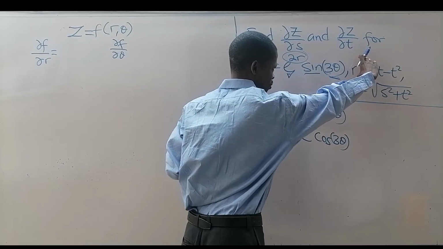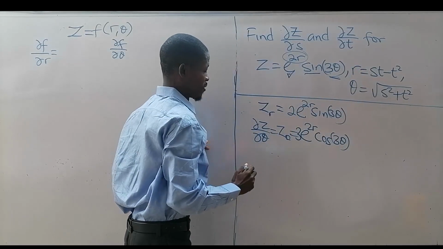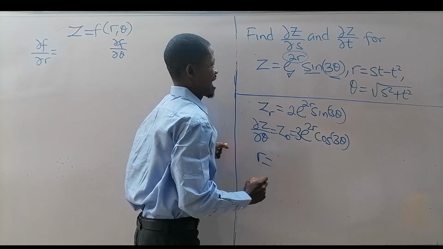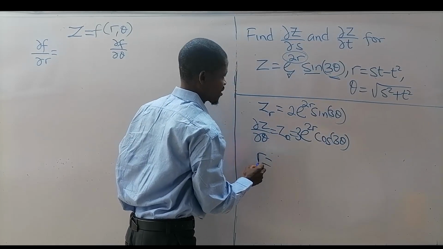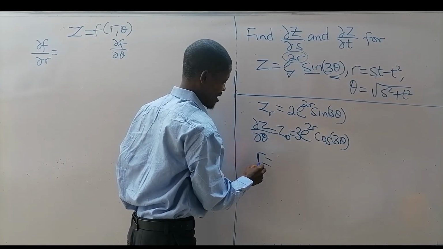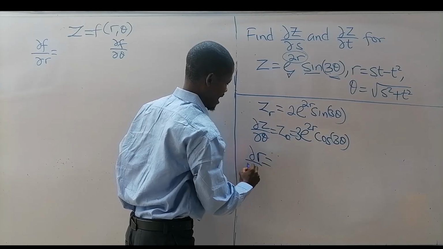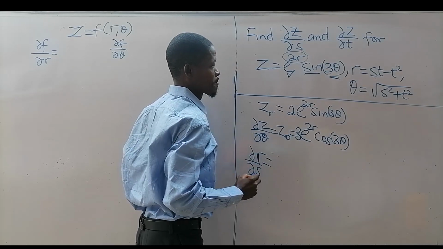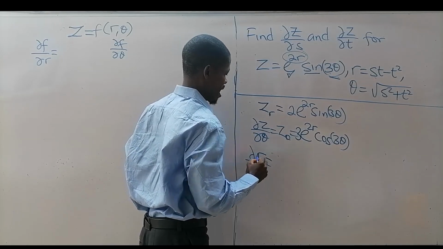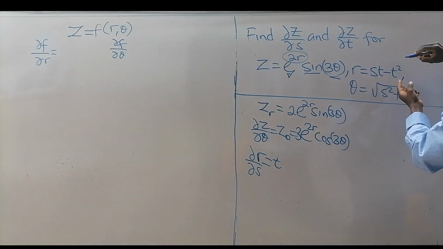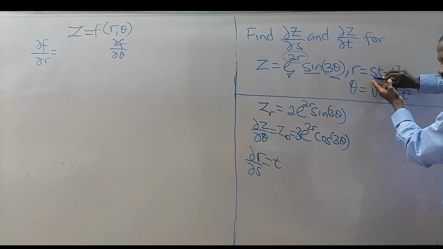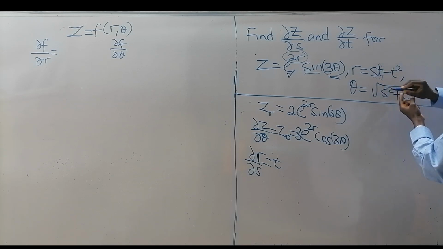Then we want to go to the other function, r. R is a function of two variables. So I'm going to differentiate that with respect to x, and that will be del r del x. That will give me t, because you only differentiate the x while you keep t constant.